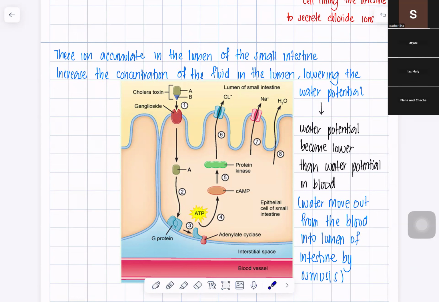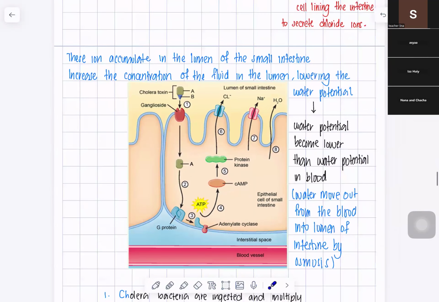So it will increase the concentration of the fluid in the lumen by lowering the water potential. So the water potential becomes lower than the water potential in the blood. So water will move out from the blood into the lumen of the intestine by osmosis. This is all due to chloride ion.